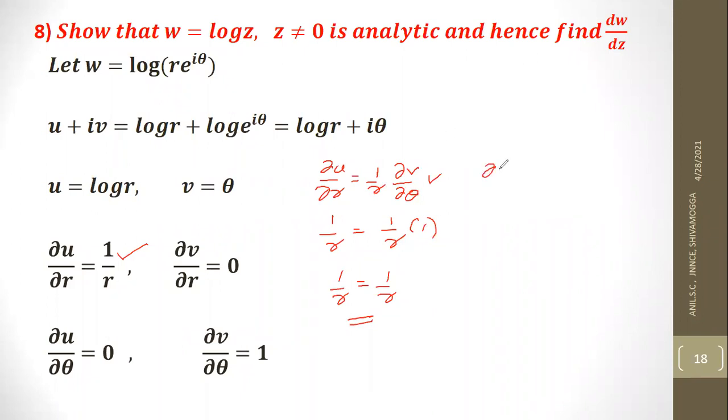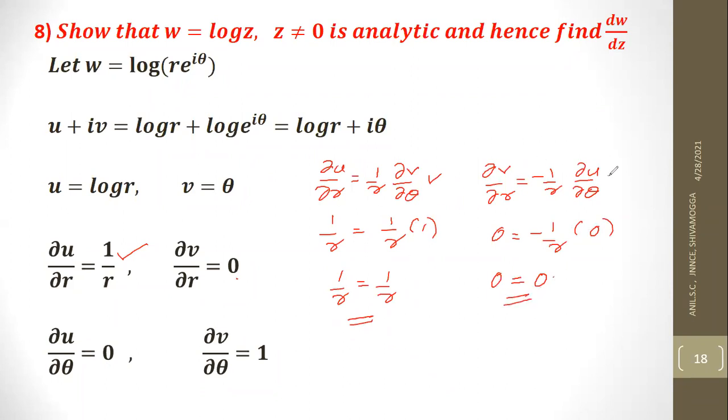Next, second CR equation. What is the second CR equation? Del v by del r is equal to minus 1 by r into del u by del theta. Verify this. Del v by del r is 0. This is equal to minus 1 by r into del u by del theta. And del u by del theta is 0. Therefore, 0 is equal to 0, since 0 into anything is 0.